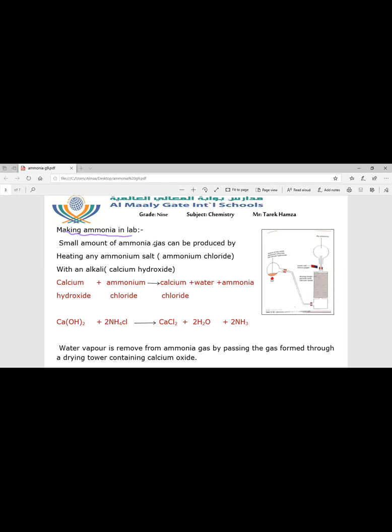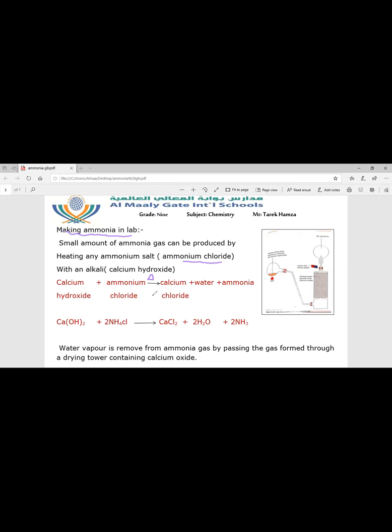A small amount of ammonia gas can be produced by heating any ammonium salt, for example, ammonium chloride, with an alkali, calcium hydroxide. Now, put in this cylinder ammonium chloride and calcium hydroxide and apply heat.